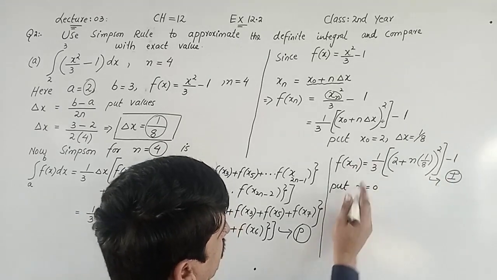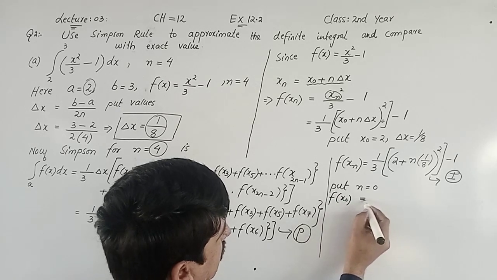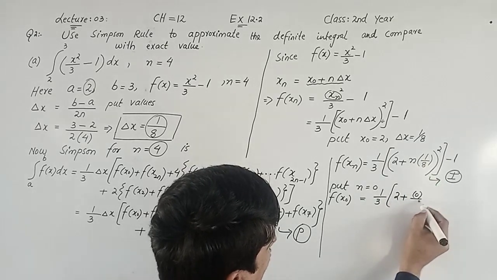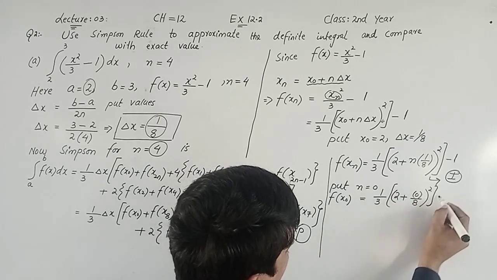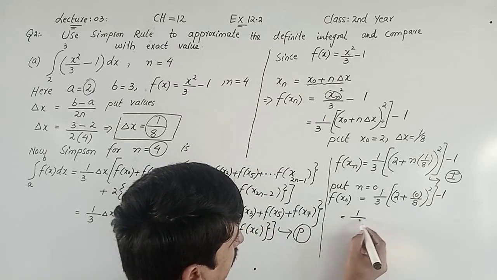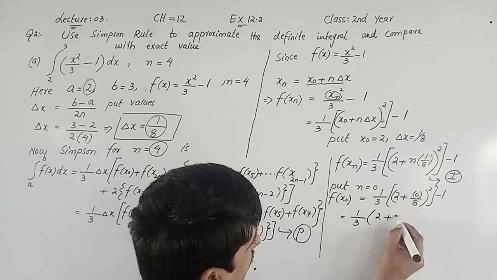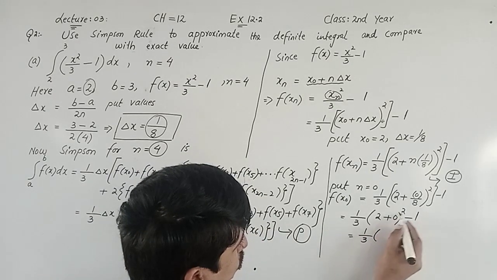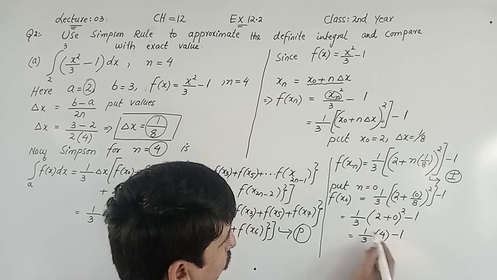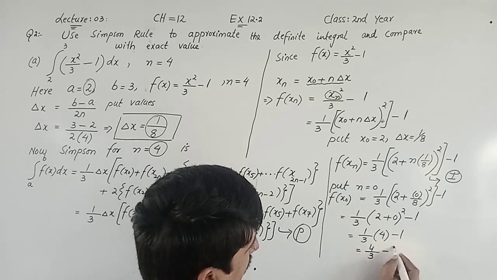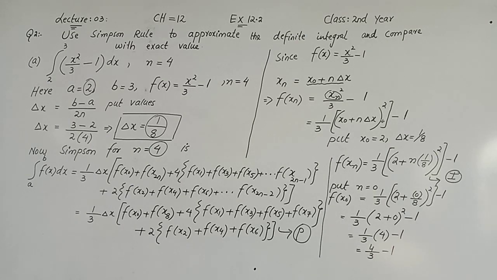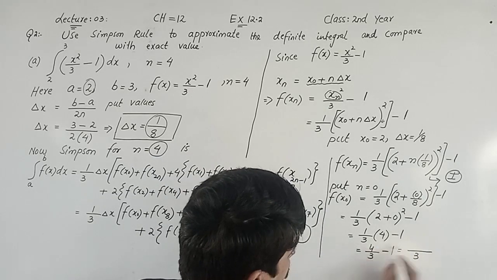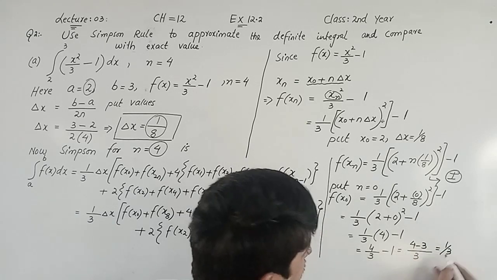0 in इक्वेशन 1. ये हमारे पास आ जाएगा f of x naught is equal to 1 divided by 3 (2 plus 0 divided by 8) whole square minus 1. तो क्या आ जाएगा 1 divided by 3, 2 square is 4, minus 1. 4 divided by 3 minus 1. यहाँ पे LCM ले, LCM आ जाएगा 3, 4 minus 3 which is equal to 1 divided by 3.